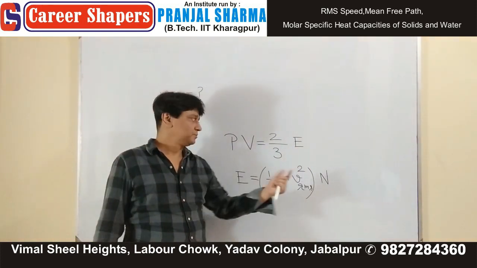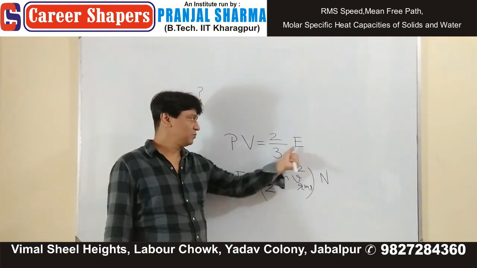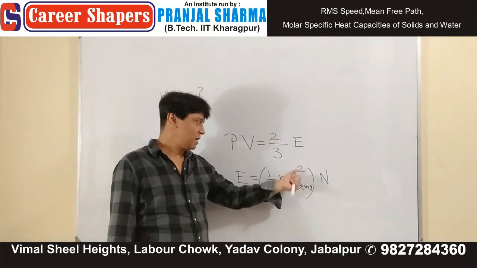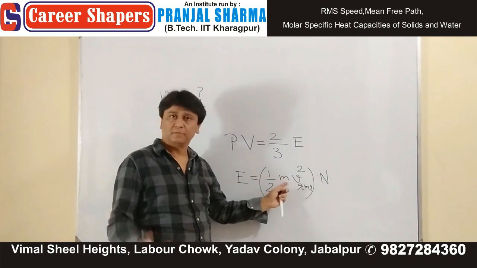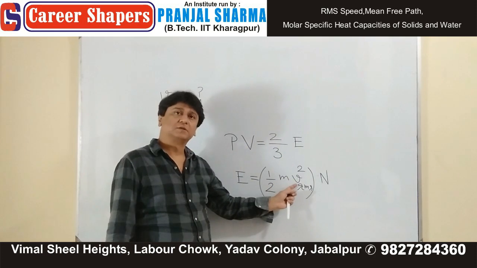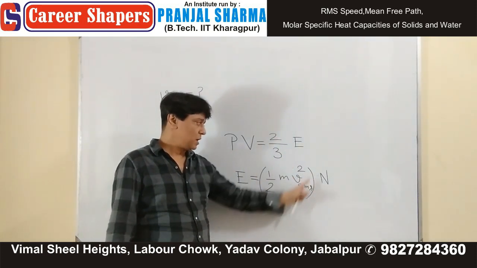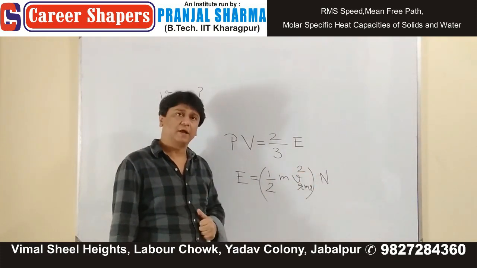So, for a given sample, when you write PV equals 2 by 3E, E is the internal energy, which is half m v square RMS: mass of an atom or a molecule, its RMS speed, square of that. There are n number of molecules, that gives us total kinetic energy.